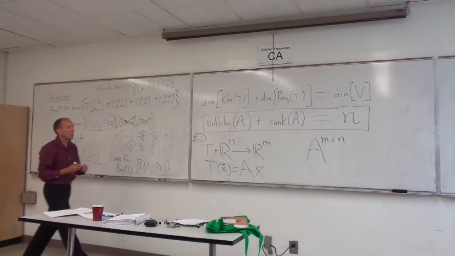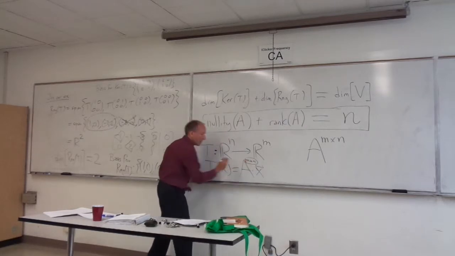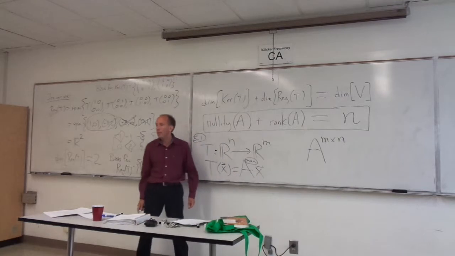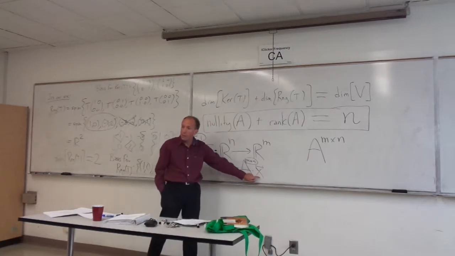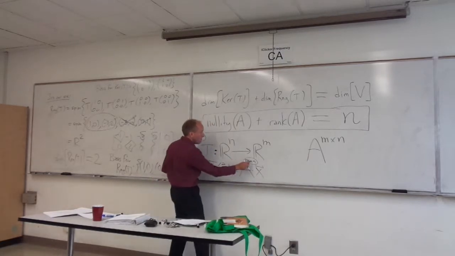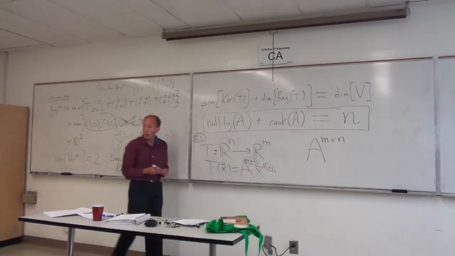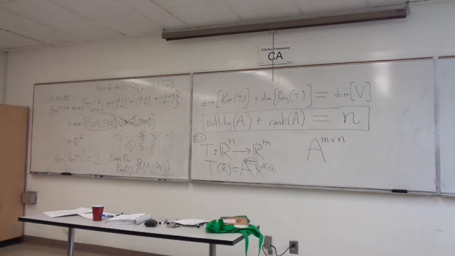It's always just a matter of taking an m by n matrix and multiplying that by the x. I'm sorry, x is from Rn. X is from Rn. Notice this is an m by n matrix. X is an n by 1 column. And the result of that multiplication is an m by 1 result.